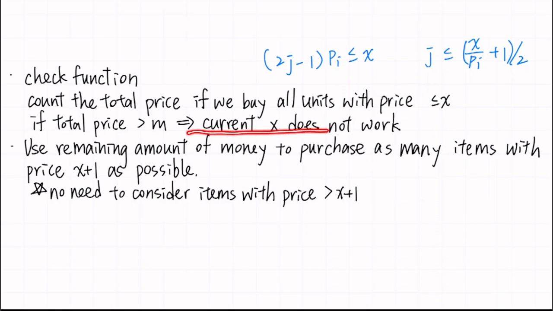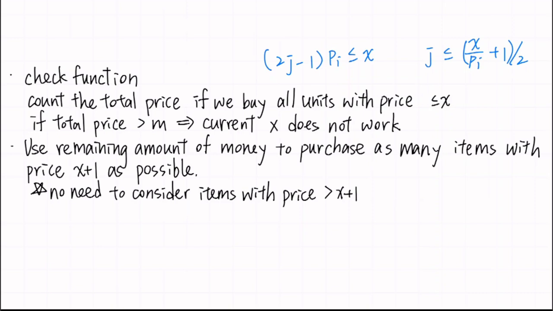And so this can help us check how to perform the binary search. And so for the remaining amount of money, since after we purchase all of the items for price of x, we still have a remaining amount of money that we can use to purchase as many items with price x plus 1 as possible.